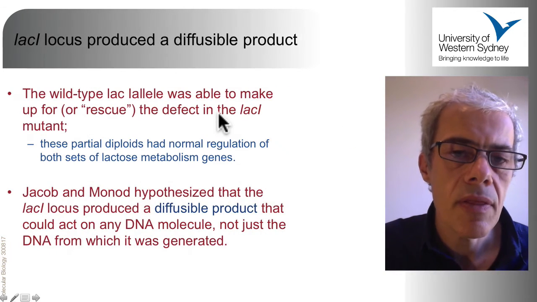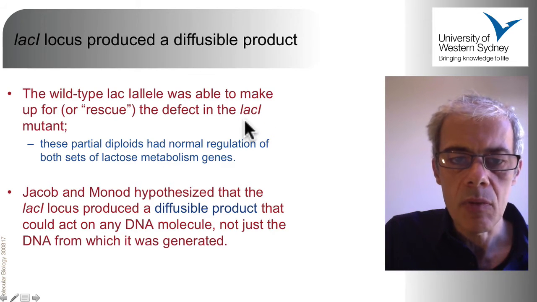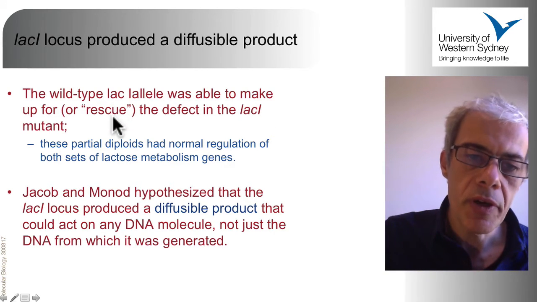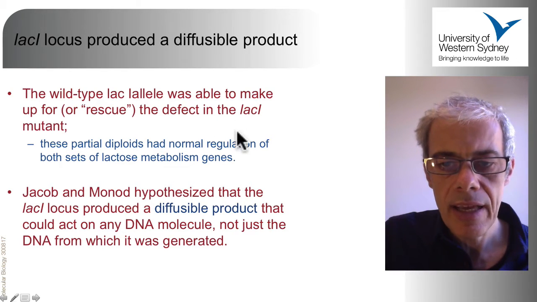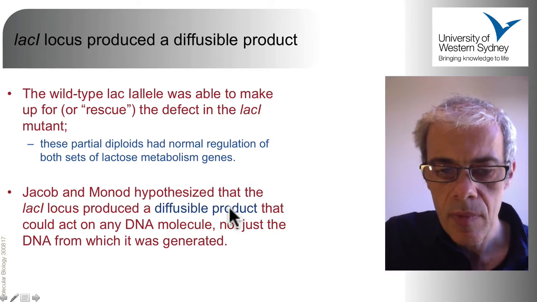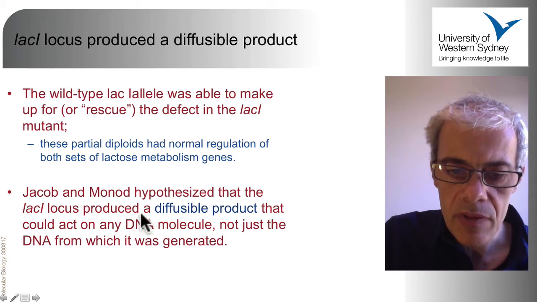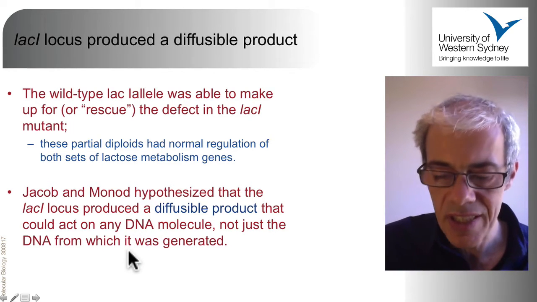So given that the wild type Lac-L was able to rescue the mutant, they concluded that the Lac-L gene coded for a diffusible product that could act on either of the DNA molecules, not just the DNA molecule from which it was generated.